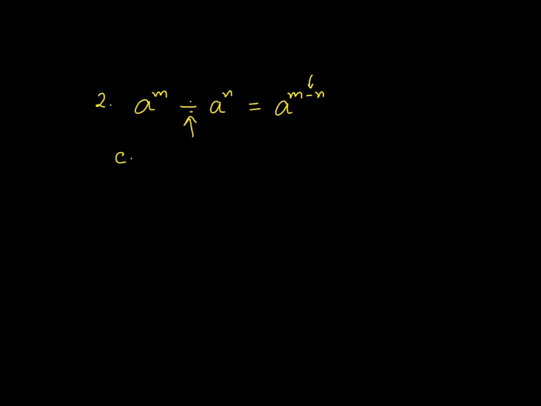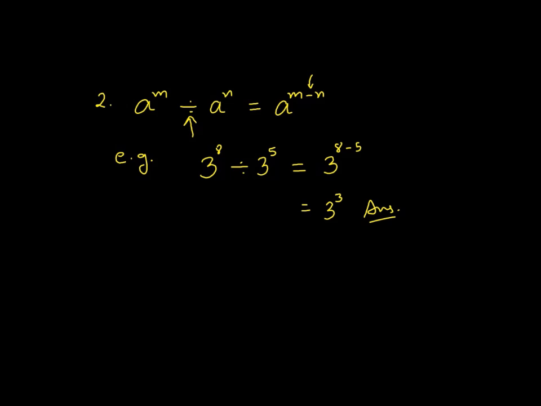Let us look at a couple of examples in this. Suppose we want to divide 3 raised to power 8 by 3 raised to power 5. The common base will be 3 and the powers will be subtracted to give you the answer as 3 raised to power 3.